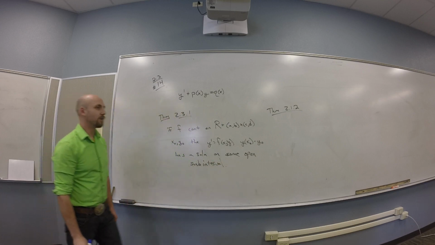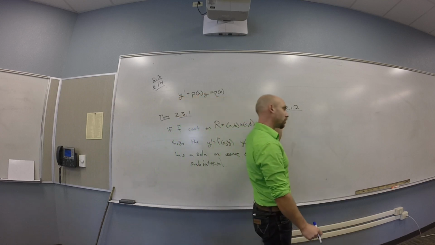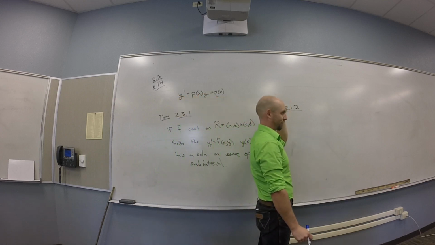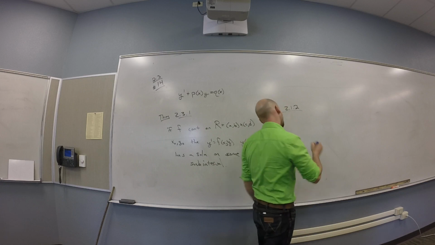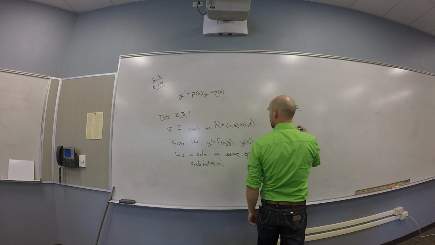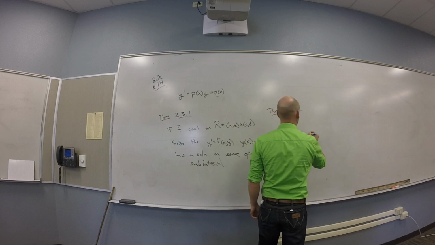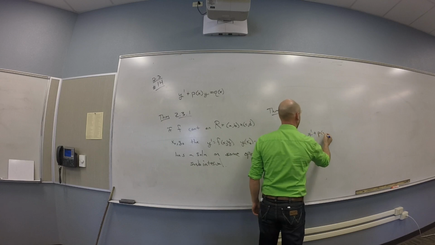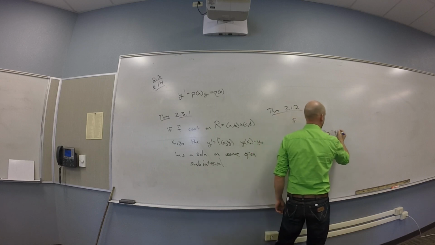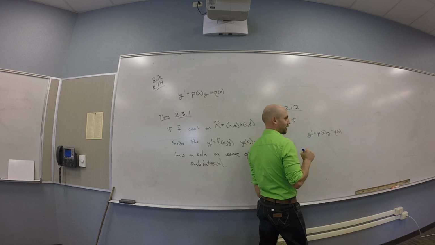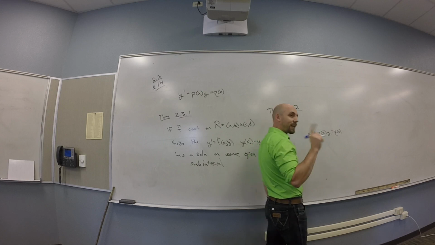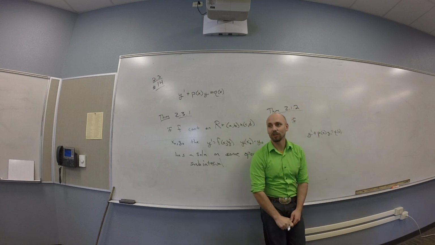All right, and then theorem 2.1.2 tells me how to solve stuff like this, right? So what does it say exactly? Presumably it says something like, if you have some assumptions and y prime plus p of x y is q of x. So my guess is that this is the theorem that says how to solve these things.